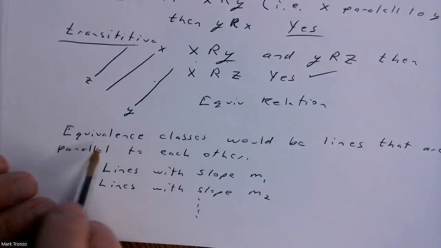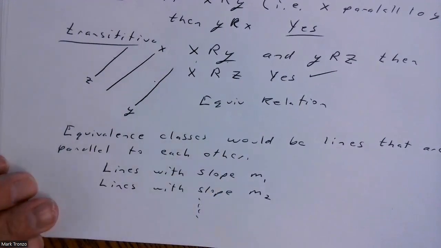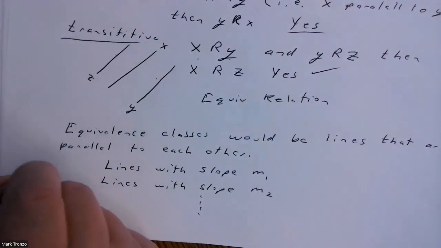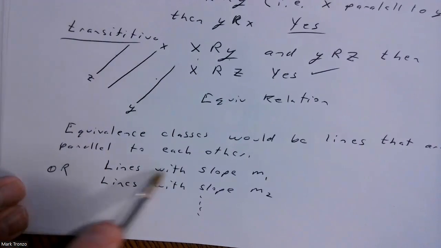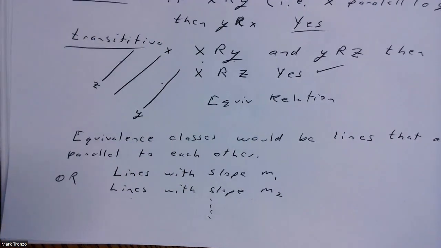So you could say the equivalence classes are the lines that are parallel to each other, or you could say this would be one set, the set of lines that have slope M1, another set would be lines with slope M2, etc. Either way. Any questions on that?